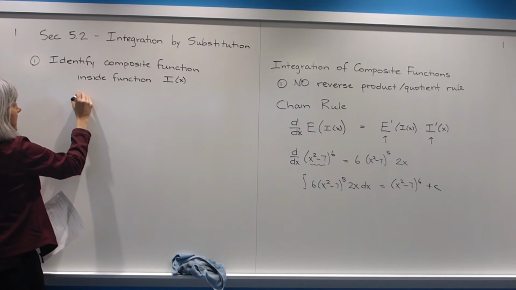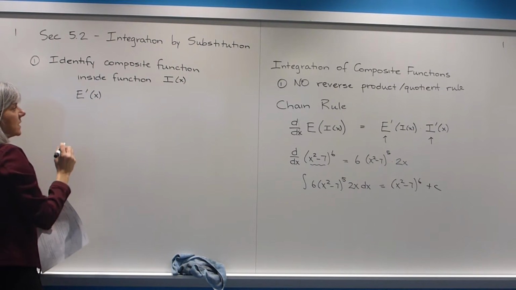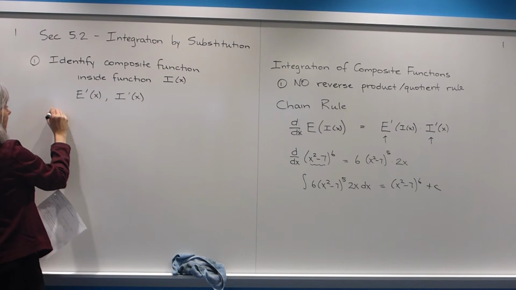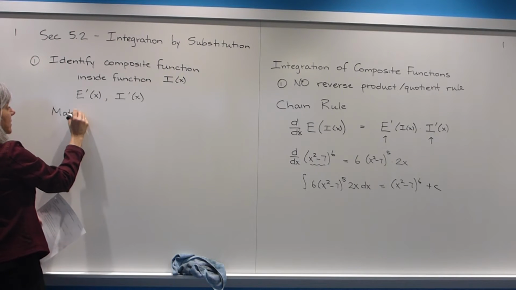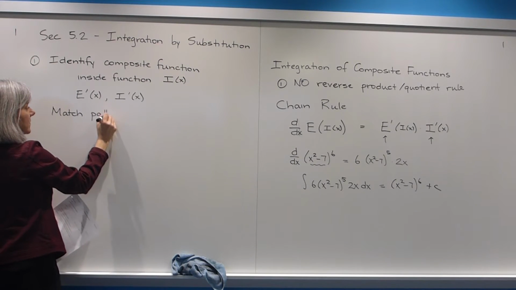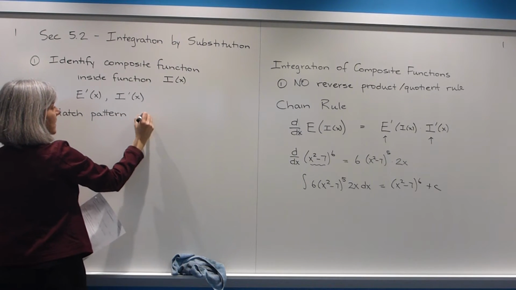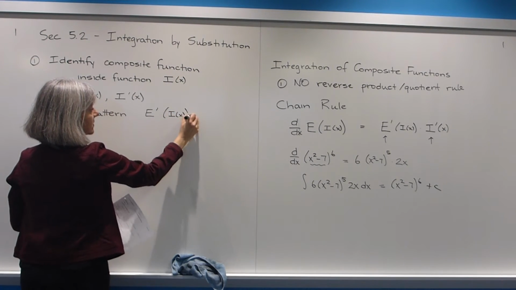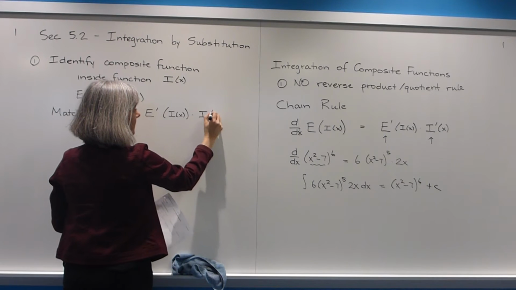And we need to identify the other parts. Because really, let's look at what we're trying to match. Remember, the whole idea here is to match the pattern: derivative of the outside, times derivative of the inside.